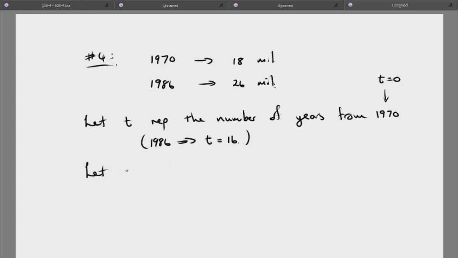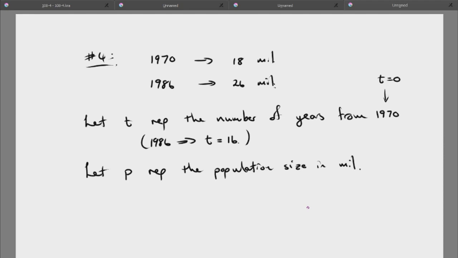And what shall we use for the population? Let's use a p. Let that represent the population size. And I'm going to count that in millions. So I can then have just p equal to 18, p equal to 26.